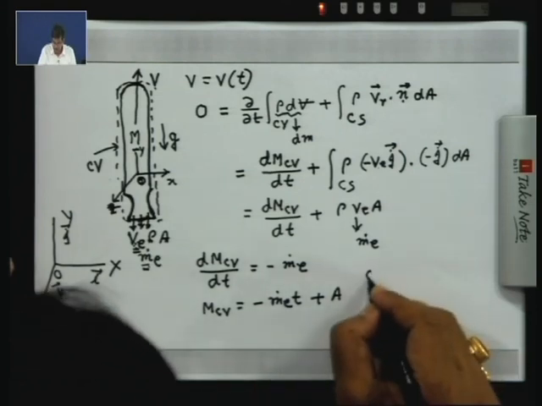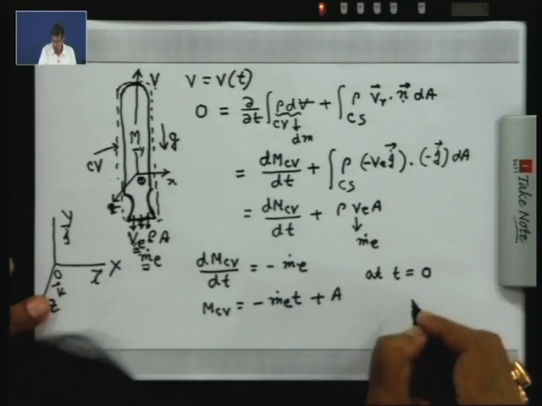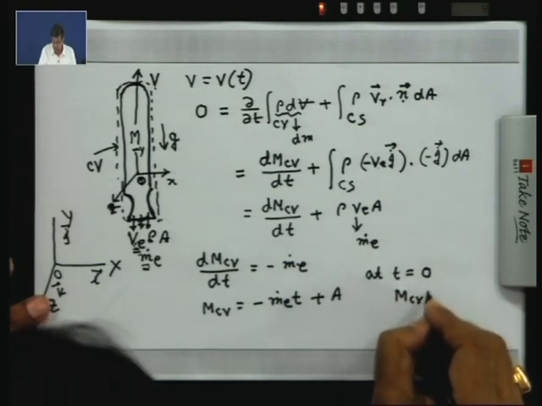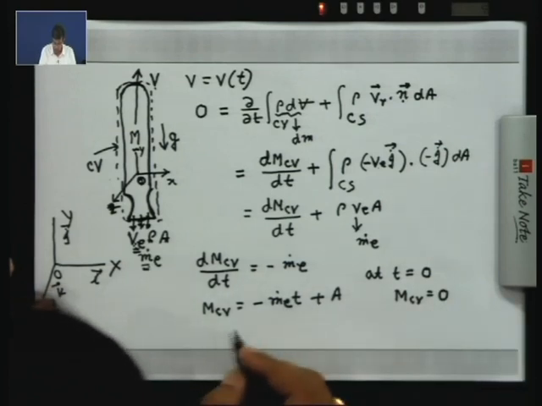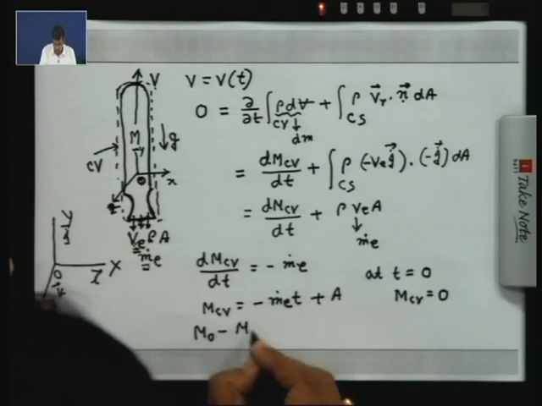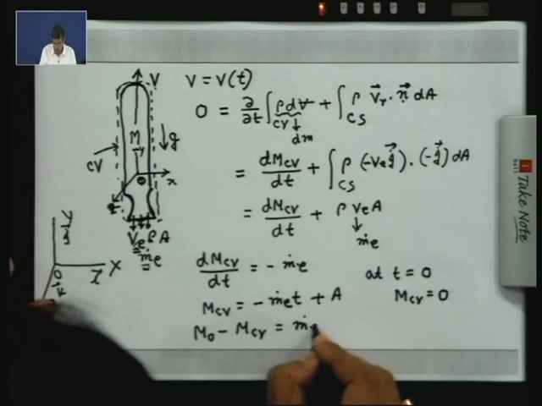And if we consider at t equal to 0, the initial time, mCV is equal to m0, then we can write this as m0 minus mCV is equal to m dot E t.